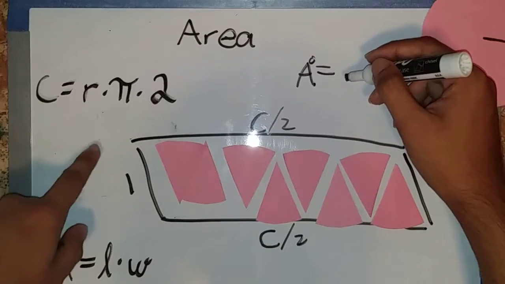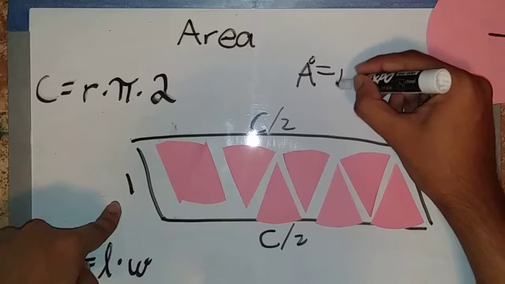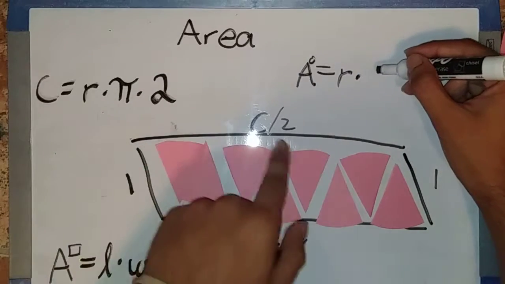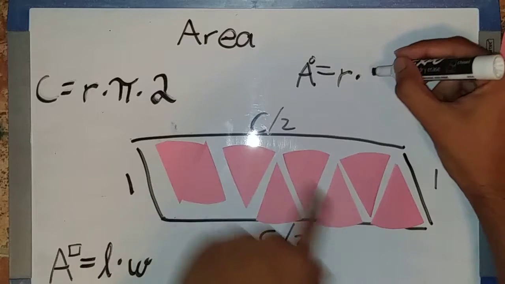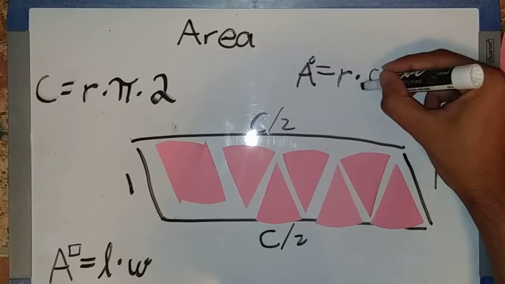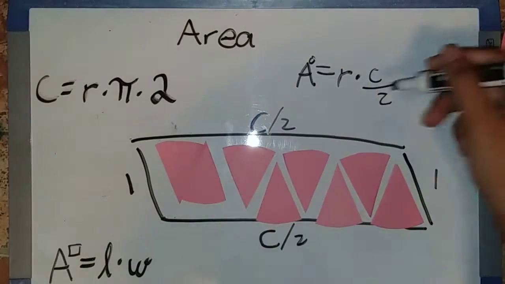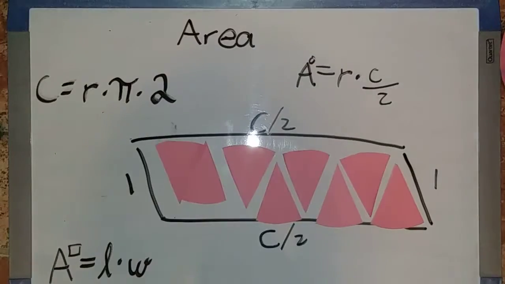However, in this case, one side is going to be the radius, and the other side is going to be half of a circumference. So circumference divided by 2. Now, students might still not be able to understand this, and that is okay.